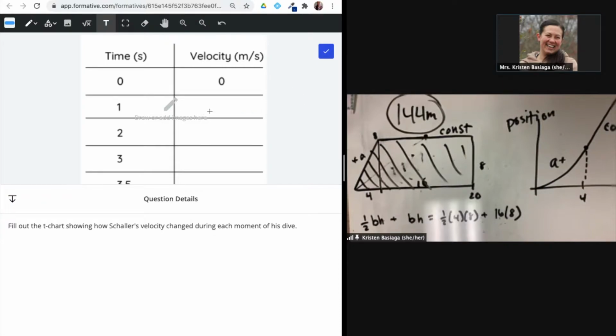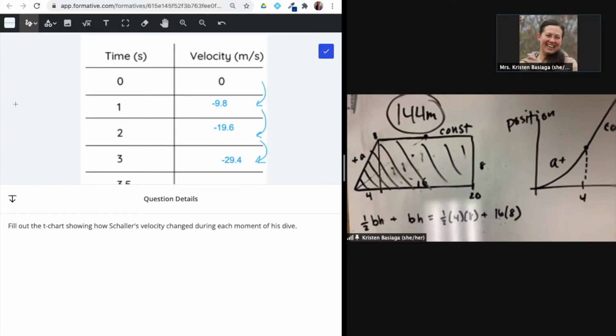So I can fill this out right here. After the first moment, he's traveling negative 9.8 meters per second, then negative 19.6, then negative 29.4. I'm just repeatedly subtracting 9.8 for every second of time that passes.